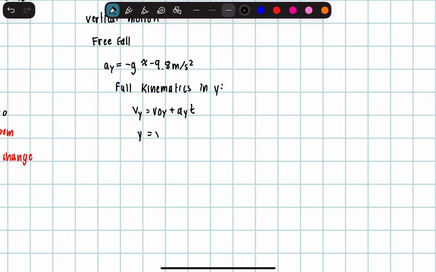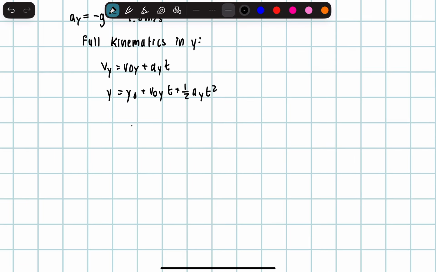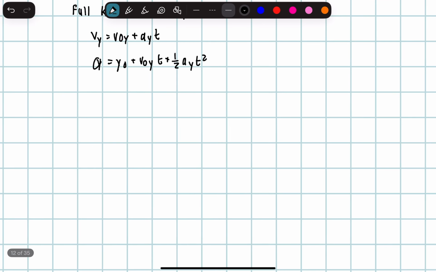We have y is equal to y initial plus v initial y times t plus 1/2 a_y t squared. And we also have that v_y squared is equal to v initial y squared plus 2 a_y times (y minus y initial).